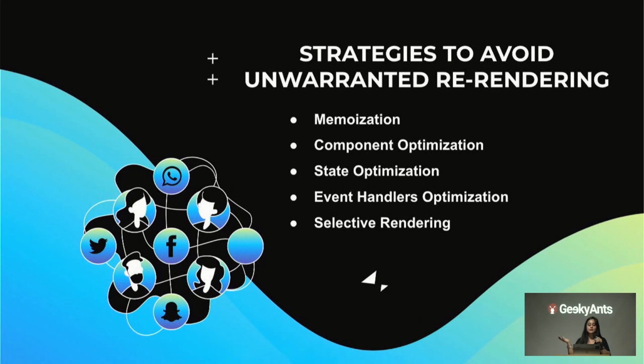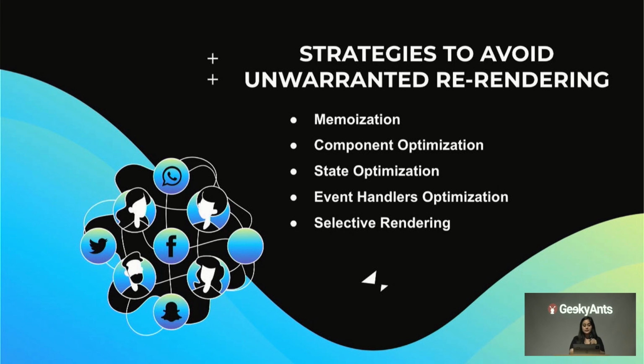So, what are the other strategies that would be there to reduce the unwarranted re-rendering? As this was all about reducing re-rendering, how else can we achieve it apart from these topics? There would be memoization. Now, memoization is using React.memo and useMemo hooks to memoize expensive computation or prevent the re-renders whenever the component's dependencies remain unchanged, right?